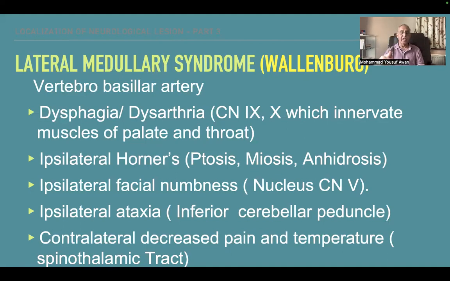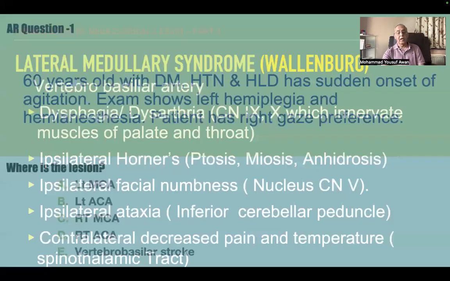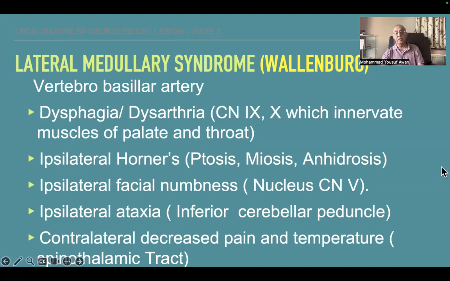So on the same side, the sensory deficit, and ipsilateral ataxia if the inferior cerebellar artery is involved. But there will be contralateral decreased pain and temperature affecting the spinothalamic tract. So these are the features of lateral medullary syndrome, the lateral part of the medulla, which is affected by posterior inferior cerebellar artery deficit.